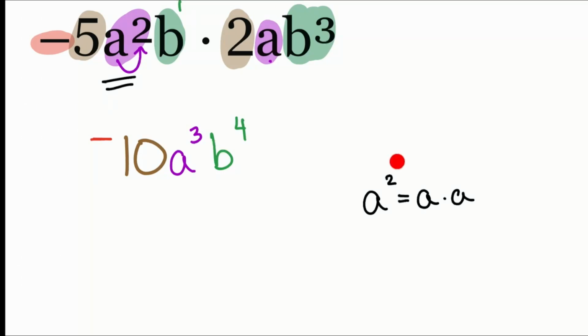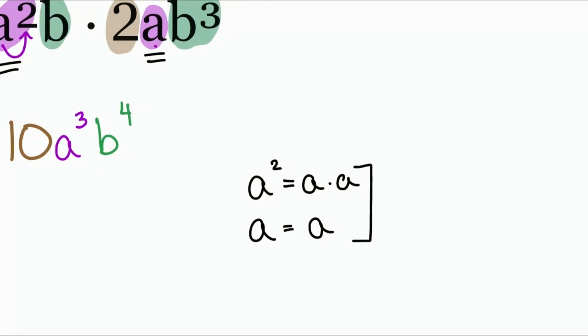That's what the squared actually means. A squared means a times itself. When we think about this a sitting there, that's just a. So when we multiply these together, we are now going to have 3 of those a's.